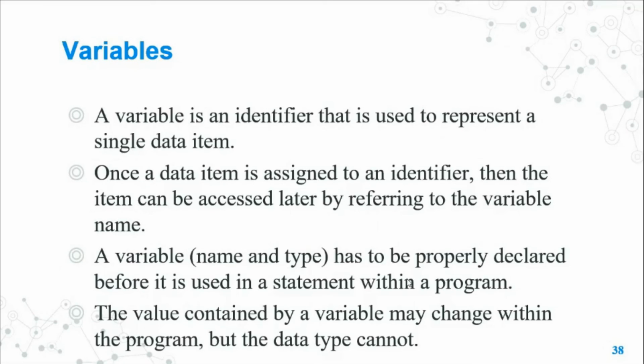Just after int main void, you have to declare all the variables, like int integer 1, integer 2, etc. That is, just after the int main void, you have to declare all the variables.